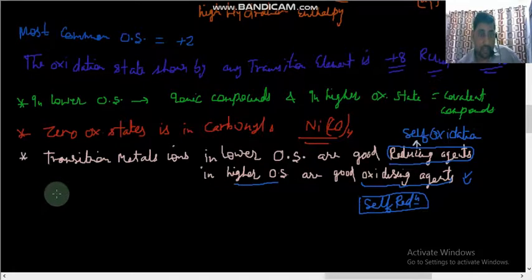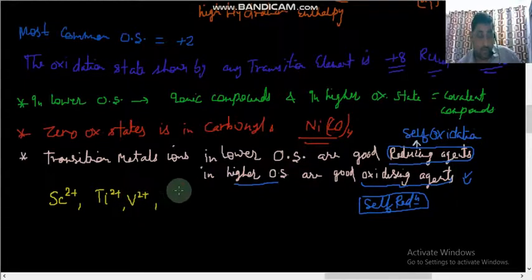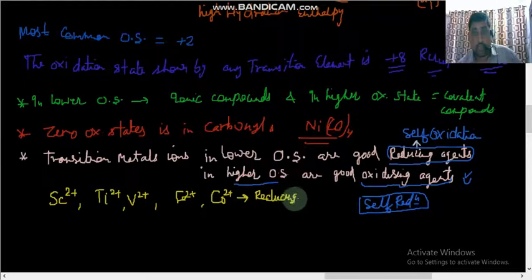Let's see some examples. Here, scandium 2 plus, titanium 2 plus, vanadium 2 plus, Fe 2 plus, and cobalt 2 plus, they all are good reducing agents.